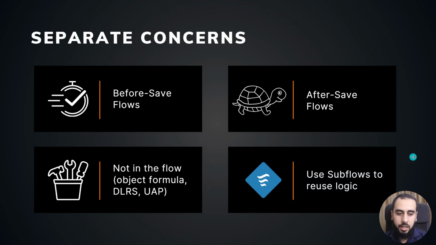And the last thing is more of getting organized, and that is use subflows to reuse logic. This is going to be helpful in terms of avoiding errors. If you build the same logic in multiple flows, and then you forget about that, or you leave, at some point in the future, businesses change all the time.